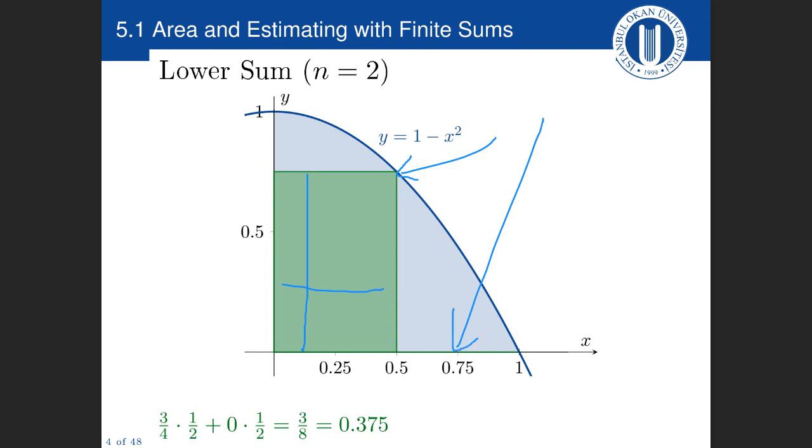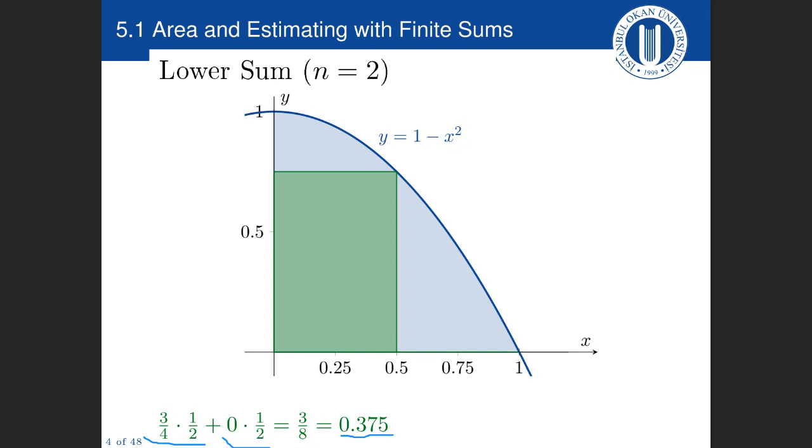You can't see it, but its height is 0. We can add up the area of these 2 rectangles. The area of the left rectangle, of course, is 3/4 multiplied by a half. And the area of this rectangle of height 0 is 0 multiplied by a half. So our first lower sum approximation is 0.375.